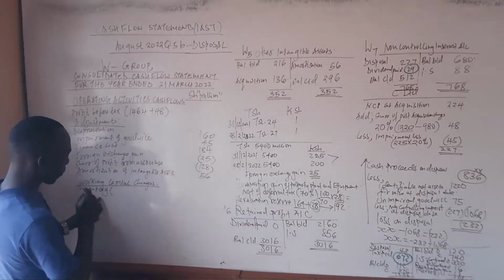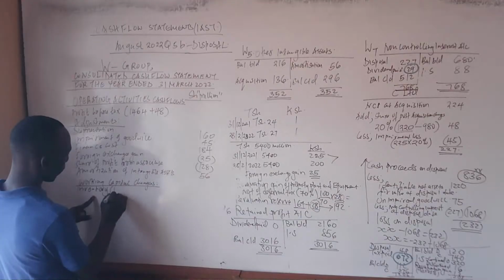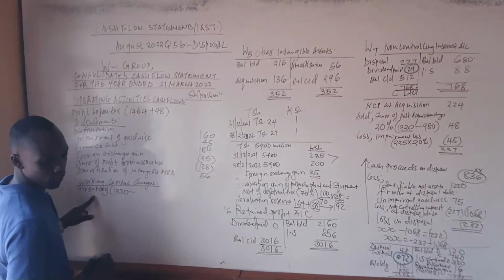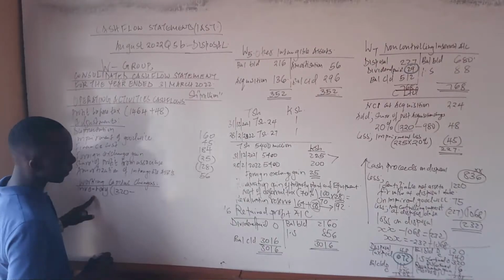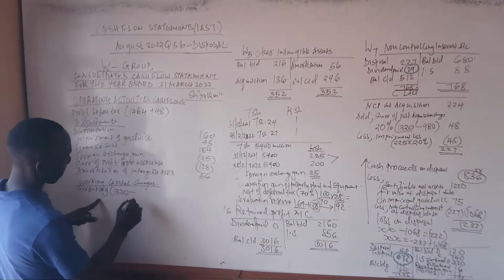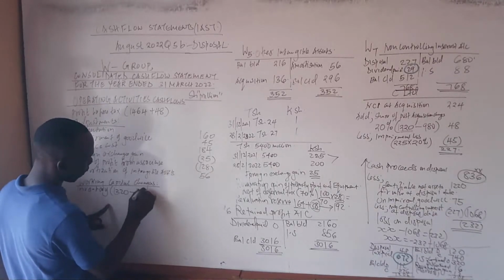Inventory at the beginning was how much? At the beginning we had 1320. Then we disposed how much? Go to C Limited. We disposed 304.